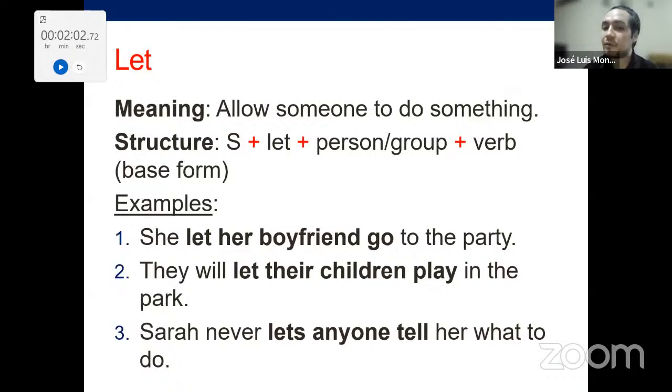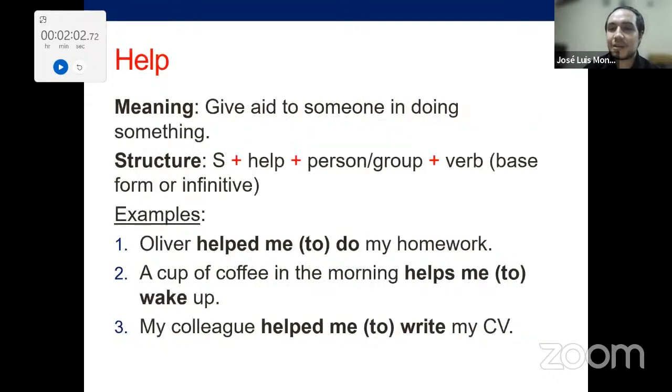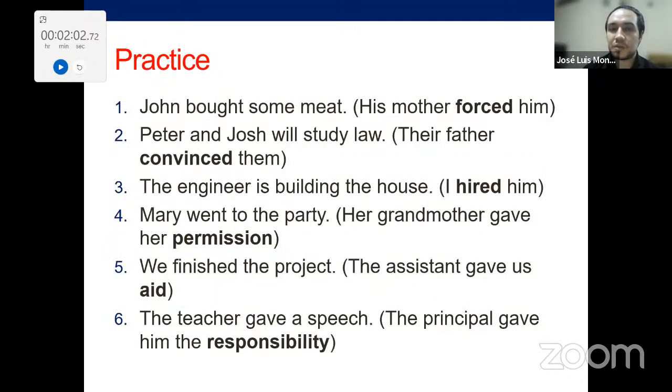She let her boyfriend go to the party, because he needs permission. And then you have help. That is two options. As Karen said, infinitive or base form. But as I told you, it's more natural and more common to use base form. Oliver helped me do my homework. If you say to do, it is correct, but base form is always better.